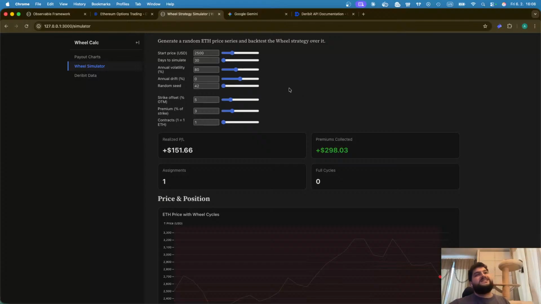Or at least if we measure the statistics, for example, generate 100 random simulations, then probably more of them will be profitable with the higher strike offset.